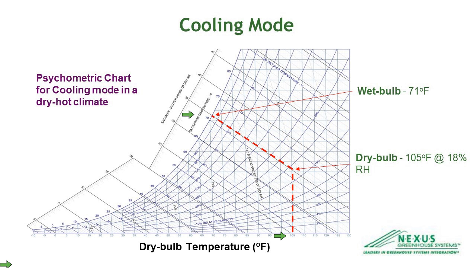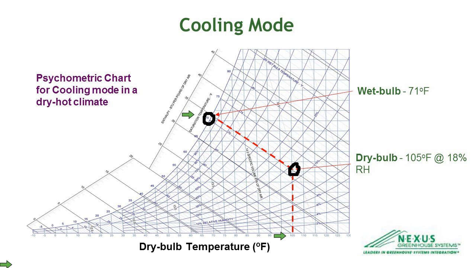So if it was 105 degrees outside and it was 18% relative humidity, we would follow a line up from the x-axis on the psychrometric chart from 105 up to where the curved lines show 18%. Then you follow a straight line over to the wet bulb temperature, which is marked with different graduated lines, and that tells you that the wet bulb temperature is 71 degrees Fahrenheit.